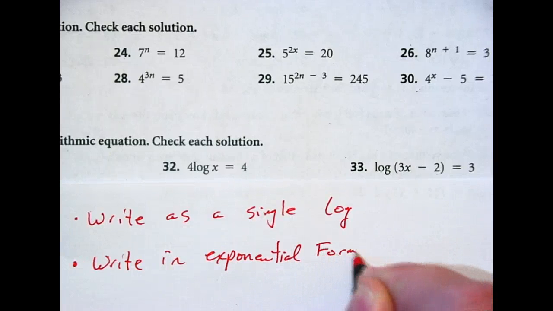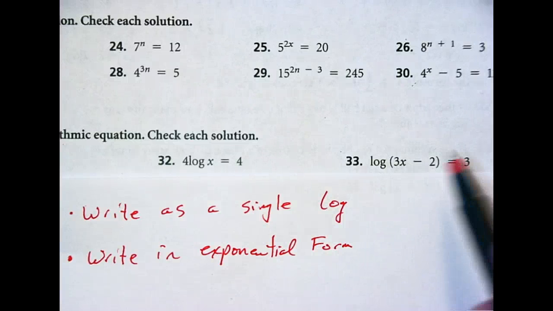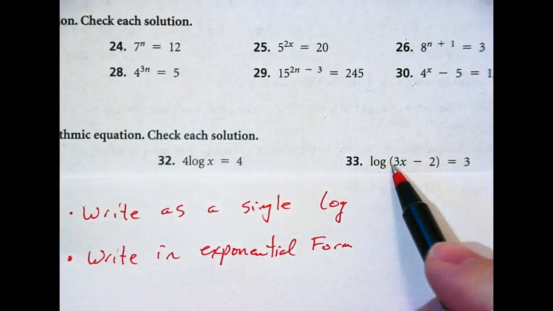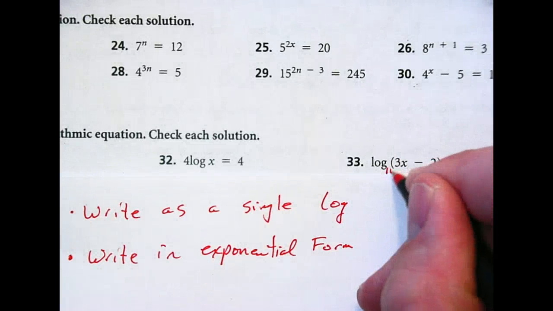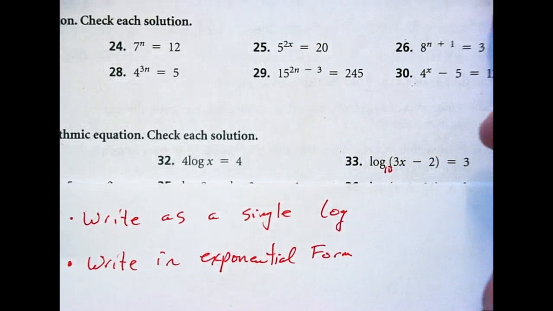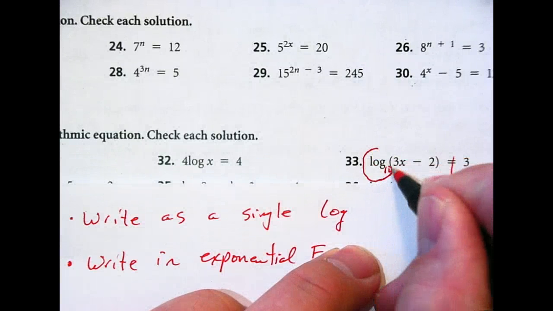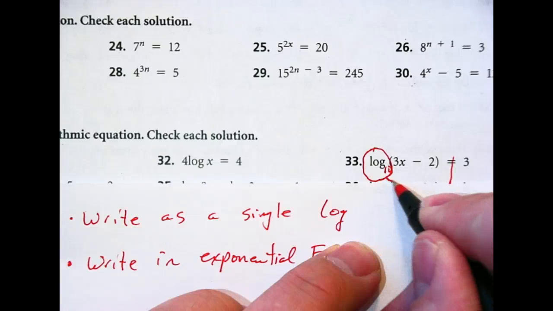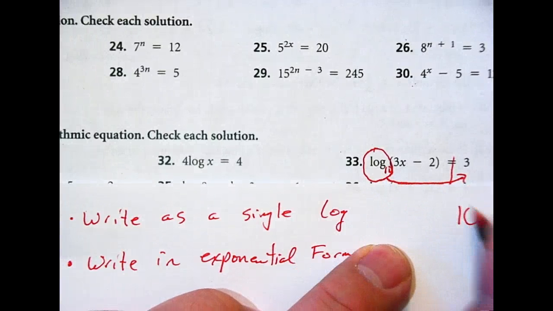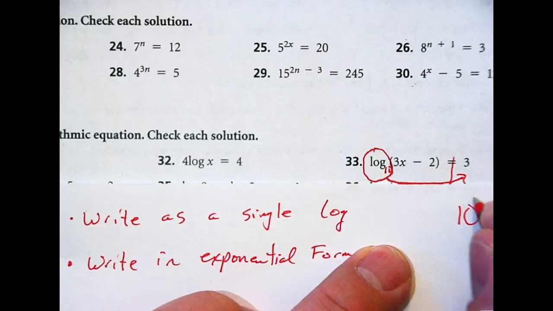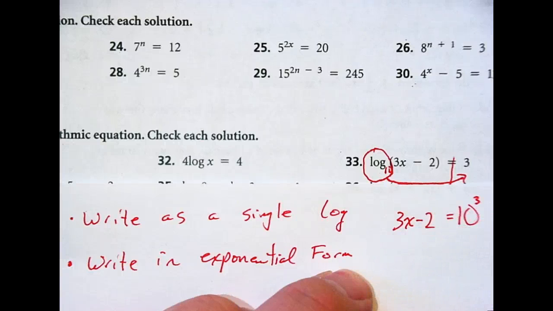All right, so we want to write this in exponential form. We're not going to break anything apart here in terms of 3x minus 2, but this is base 10. And if you recall when I was talking about this last week, just for some of you who like to see movement to cause something to happen, when that moves over here, that base 10 now becomes base 10 in exponential form. This is 10 to the third equals 3x minus 2. Once again, mathematically, that's not exactly what's happening, but that's the result of it.